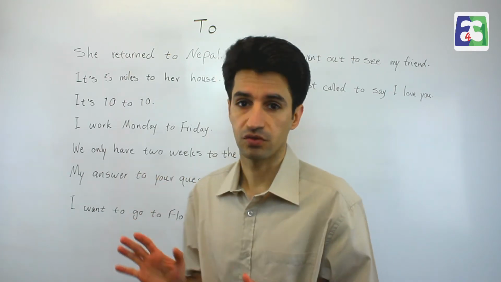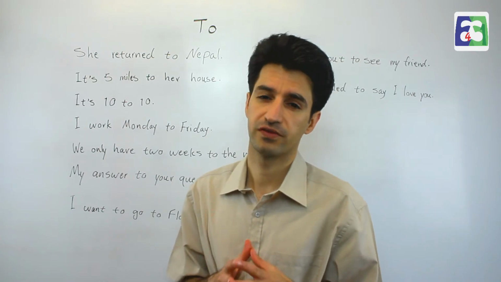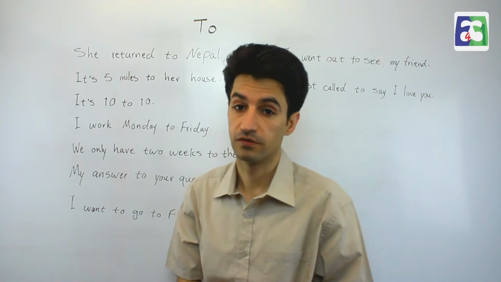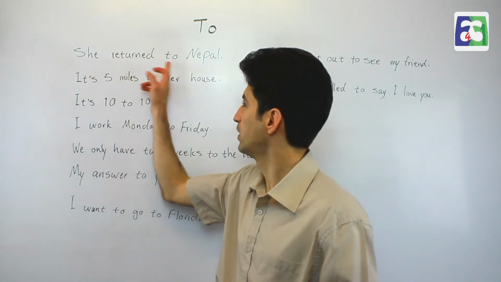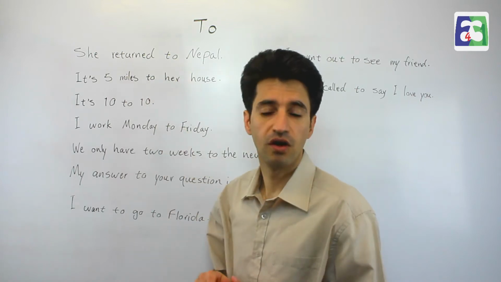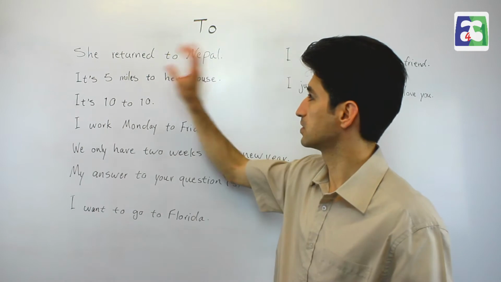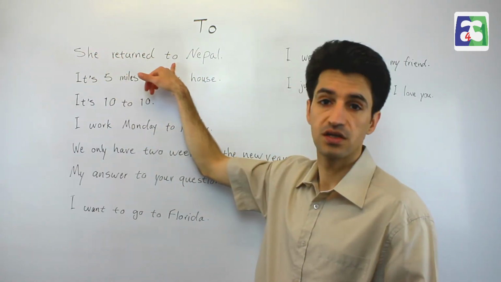But today I'm not going to talk about phrasal verbs. I'm going to talk about places that we use "to" other than phrasal verbs. The first one that I have chosen for you is the preposition of place. So we relate the place to the other part of the sentence by this "to".